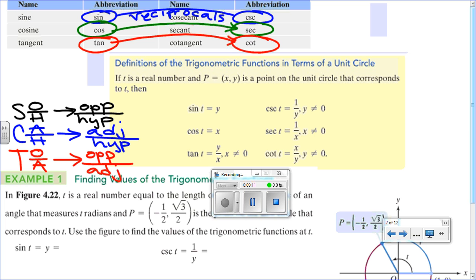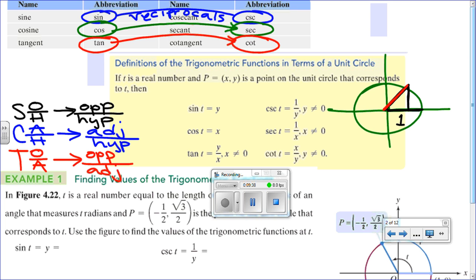So if we go back to the unit circle, and you know that this is equal to 1, and let's say that I just draw a triangle here. What will this side be equal to?